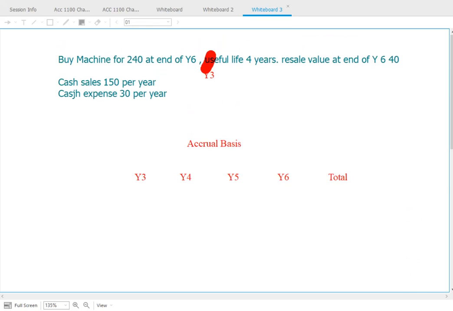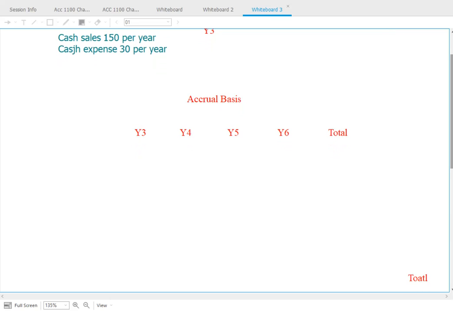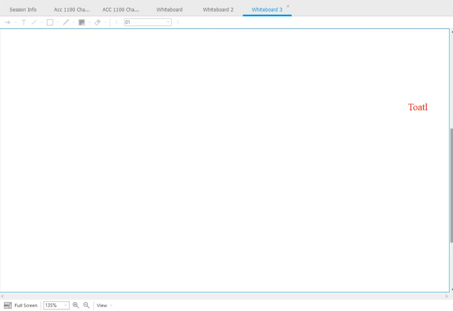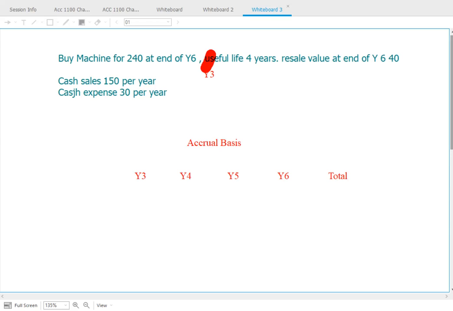Let's start. Is buying a machine considered a revenue or an expense? No. When I buy a machine at year 3, it's brand new, so it is not an expense. But I know that by the end of year 3, I will have been using the machine for a whole year. At the end of year 4, I will have been using the machine for 1 year.